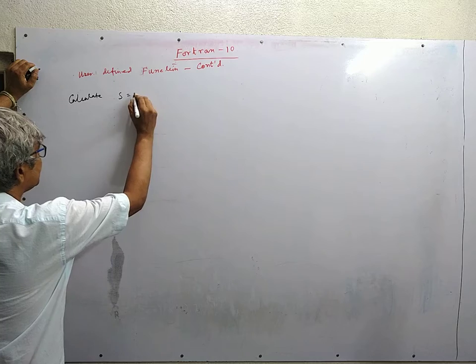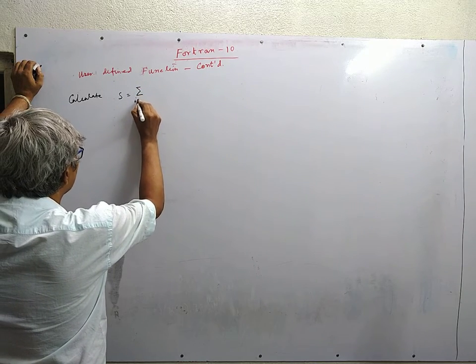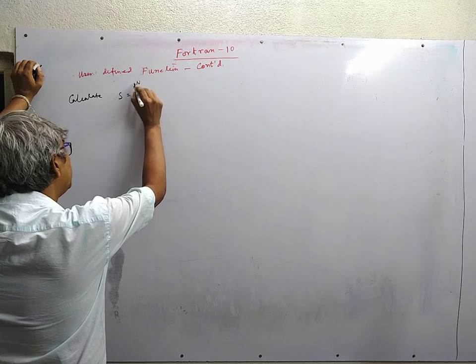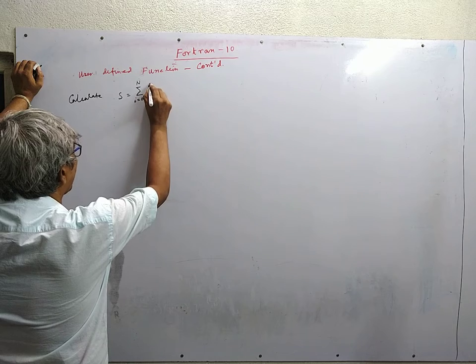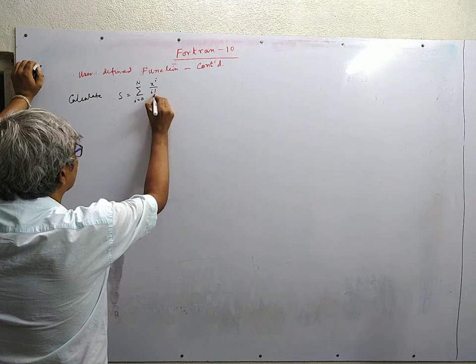S is equal to summation over I is equal to 0 to say n, where n will be supplied beforehand, x^i by I factorial.